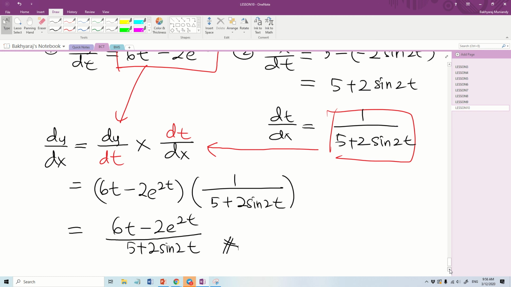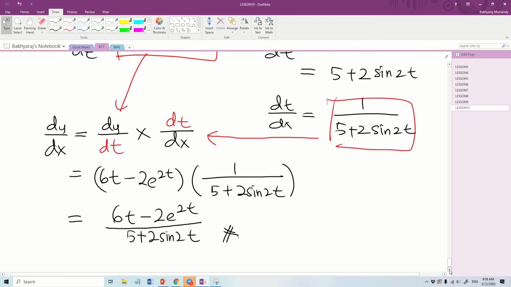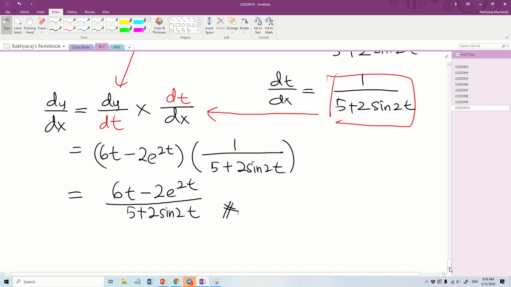If we factorize the 6t minus 2 exponent 2t, can we? Yes, can. Very good. We can take 2 out: 2 times 3t minus exponent 2t divided by 5 plus 2 sine 2t.